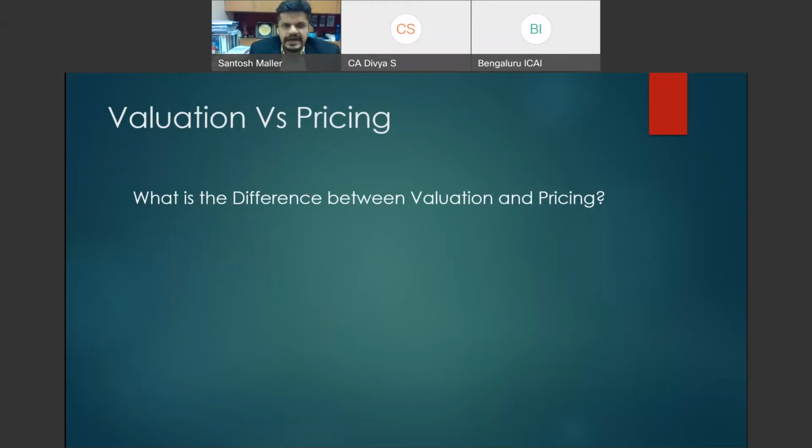Both things are different. Pricing is essentially what the market participants perceive the value to be and are ready to pay. It can be based on whether there's a shortage in the market for that particular commodity, or whether there is a promising future.